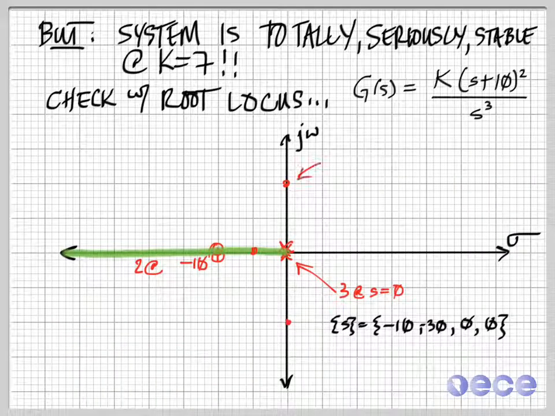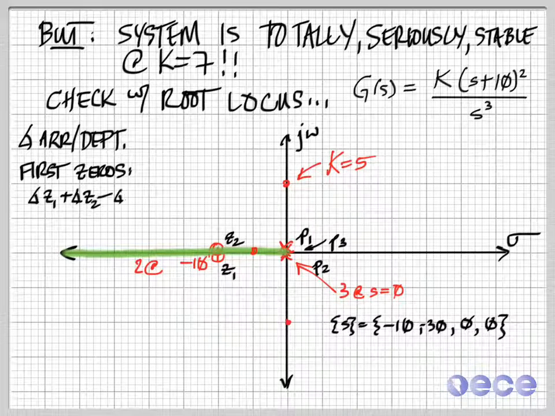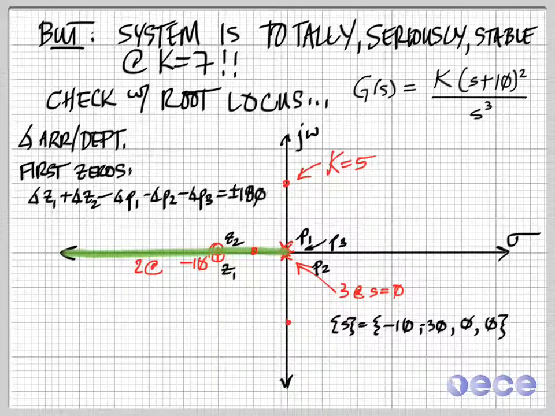So now let's look at the angles of departure and arrival. And of course, to do this, we're going to go ahead and label our poles, and then we're going to check the angle constraints. So first, let's do one of the zeros. The angle of z1 plus the angle of z2, so those are our two zeros, minus pole 1 minus pole 2 minus pole 3 must be equal to plus or minus 180 degrees.